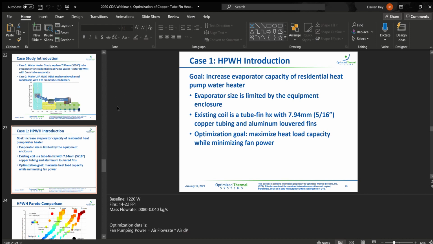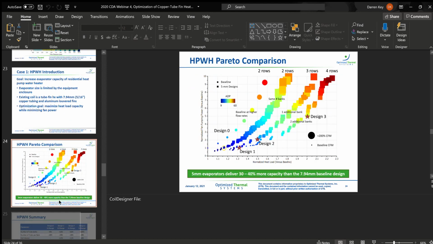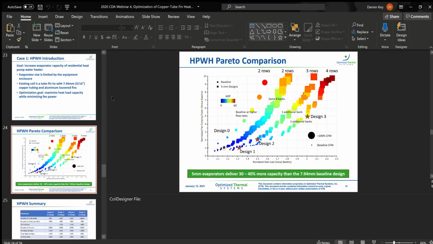The existing coil, as I said, is about 8 millimeters with copper tubes and aluminum louvered fins. And the goal here is to increase heat load capacity and minimize fan power. So designing to those 2 parameters and inputting a whole host of other parameters as specified by the client.